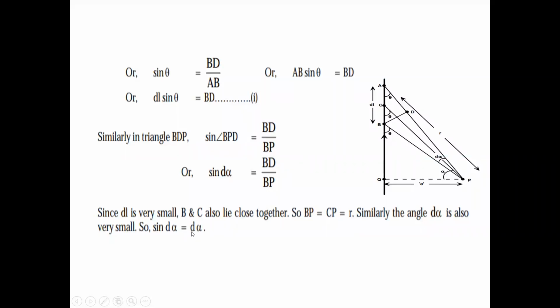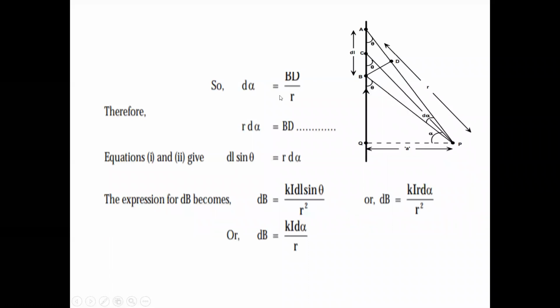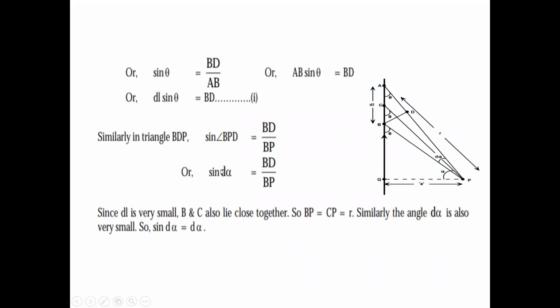In the similar manner, we apply the same condition for d alpha also. As d alpha value is very small, sine d alpha value is equivalent to d alpha. So here sine d alpha is equal to BD by BP. So simply replace the sine d alpha value by d alpha.